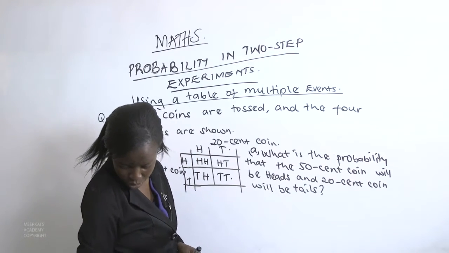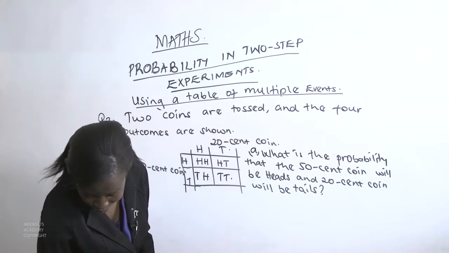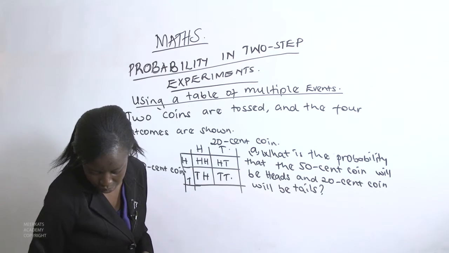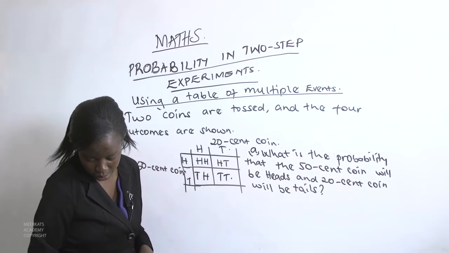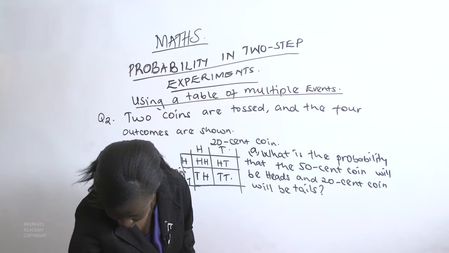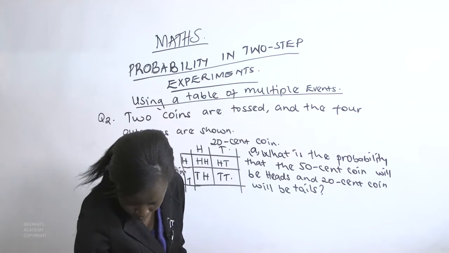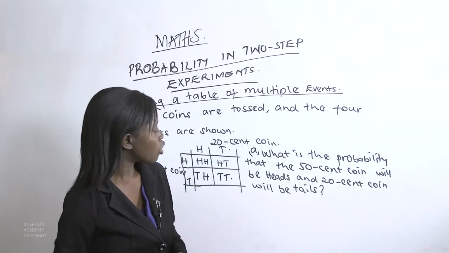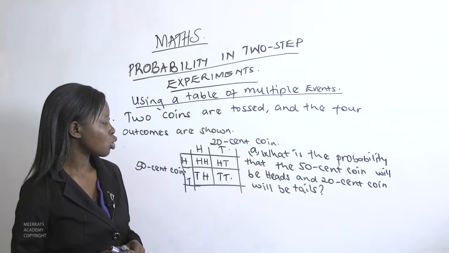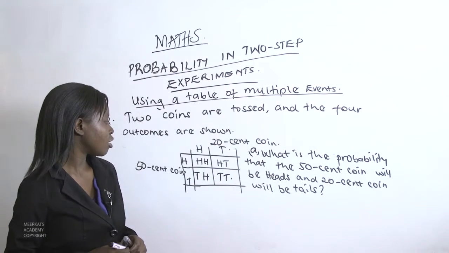So we are being asked for the probability that the 50-cent coin will be heads and the 20-cent coin will be tails. So the probability that a head will be showing on the 50-cent coin and a tail will be showing on the 20-cent coin.